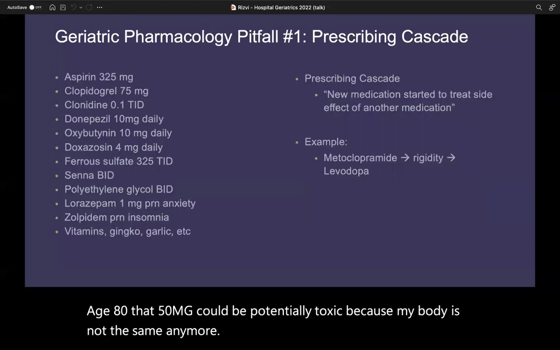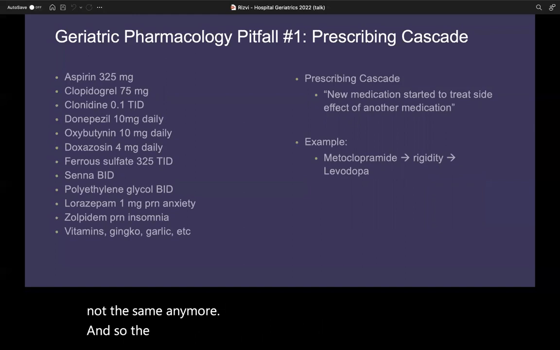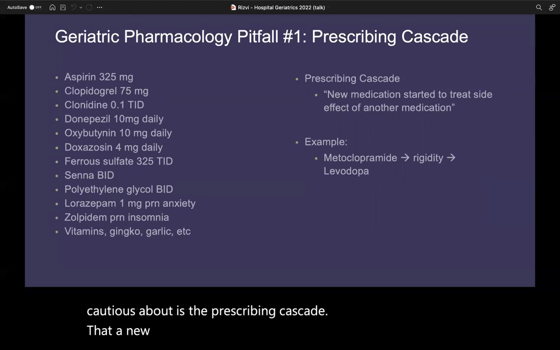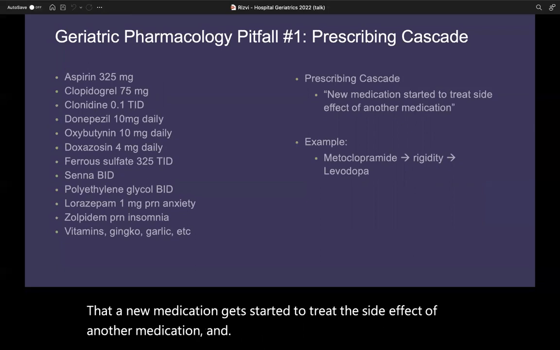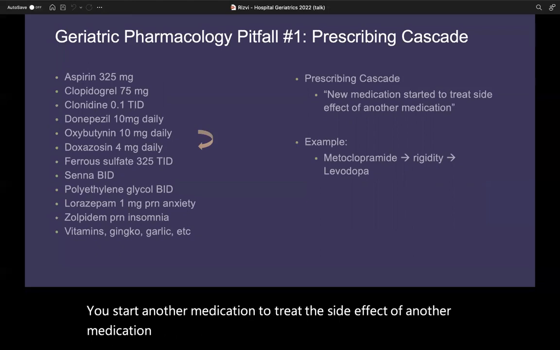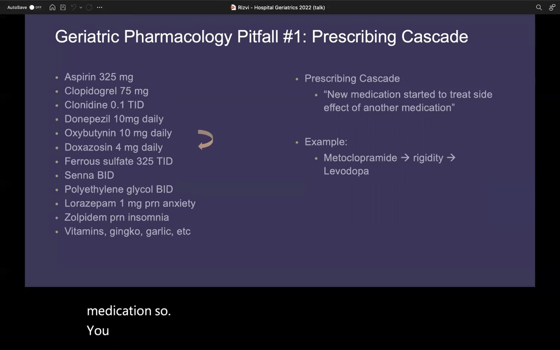And so, the prescribing pitfalls. One thing I want you all to be cautious about is the prescribing cascade, where a new medication gets started to treat the side effect of another medication, and you start another medication to treat the side effect of that one. So you started oxybutynin because of urinary frequency and incontinence.